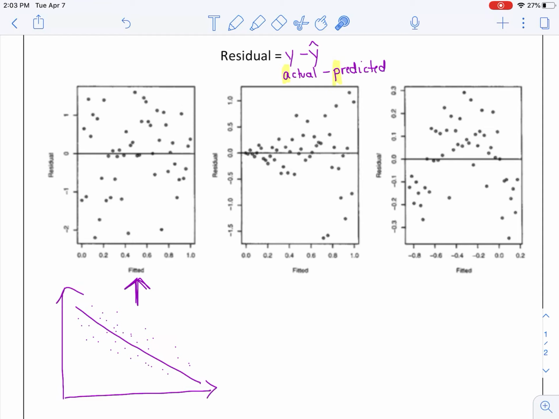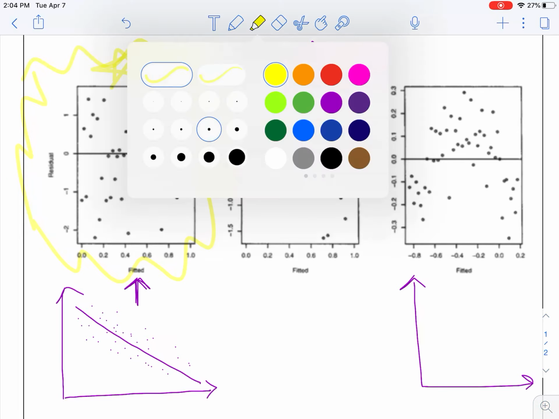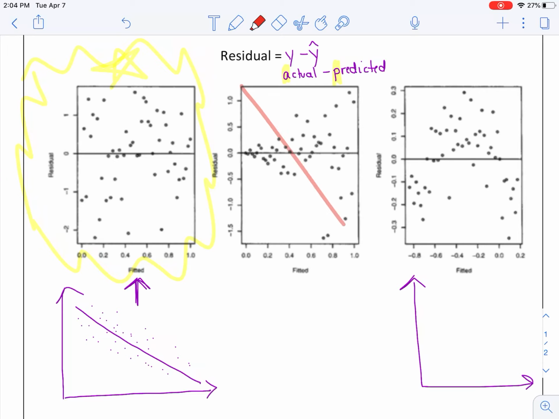Okay? Now, the next most common one you'll probably see is this third one, where, yay, good fit for this one. The other two, not the best.